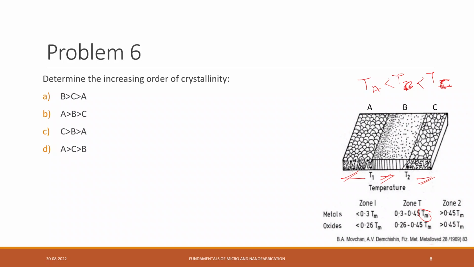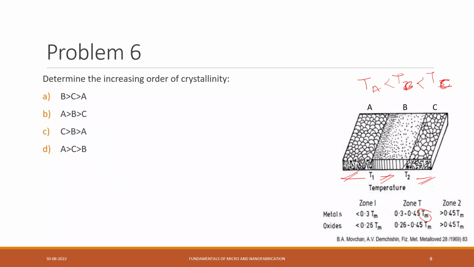Some temperature is needed for it to diffuse so that it can have an ordered orientation. So mostly it tends to be at the higher temperature. While we were discussing diffusion, diffusion happens very fast when the temperature is high.